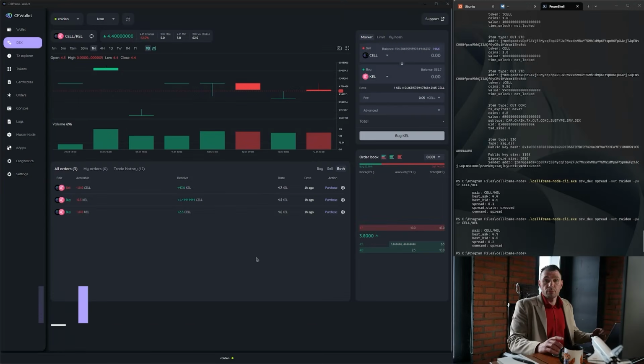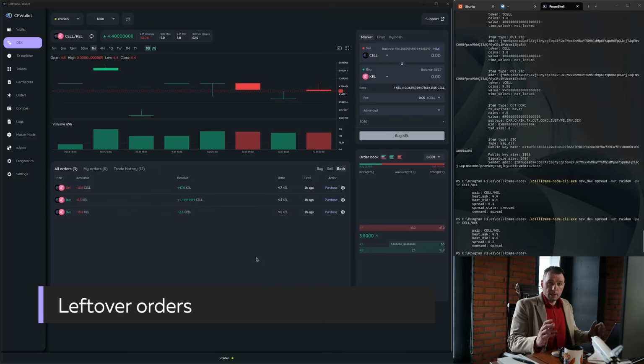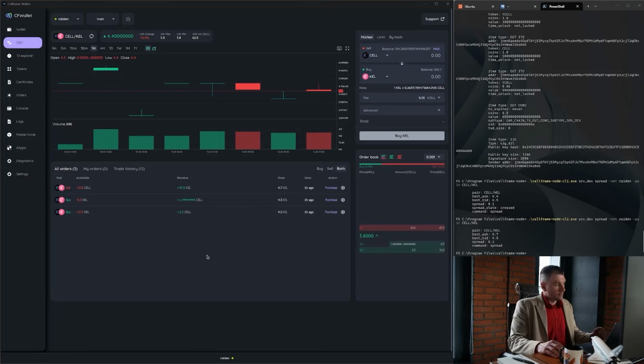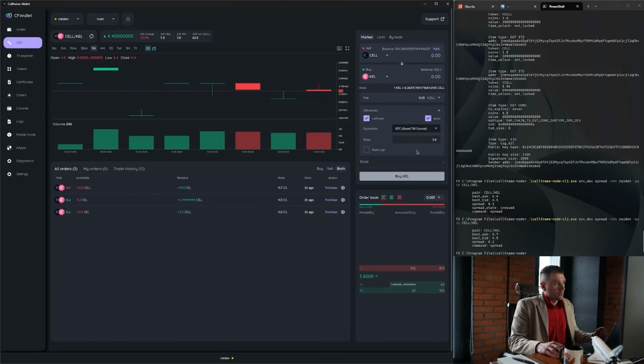There is one more important feature I forgot to mention about market style trading. Whenever a trader wants to buy on the market and at the same time his budget exceeds the available amount in the whole market, he can use this option to create a new order combined with his purchases in one single transaction.